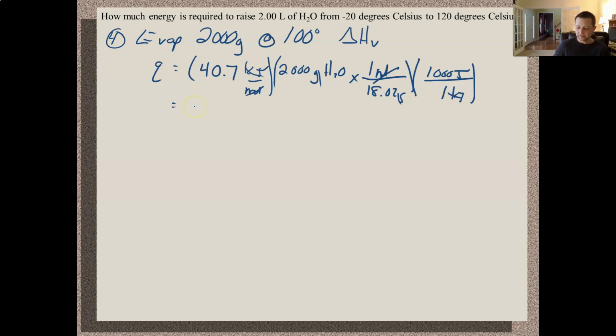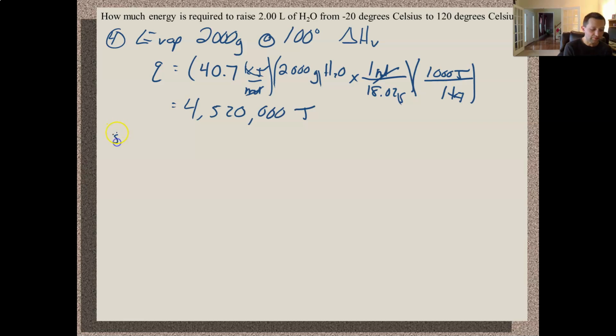Plug it in your calculator, and you end up with 4,520,000 joules of energy. That makes perfect sense because your molar heat of vaporization here is 40.7 compared to 6 for step number 2, and step number 2 took almost 700,000 joules of energy. So this should take a whole lot more.